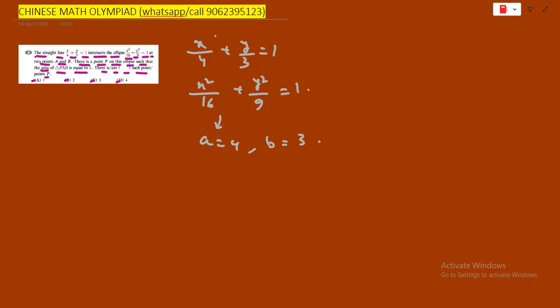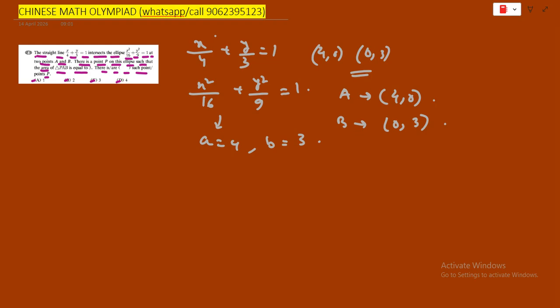And the line is in intercept form, hitting the axes at (4, 0) and (0, 3). Now notice something. The points where the line hits the axes are exactly the vertices of the ellipse. Point A is (4, 0) and point B is (0, 3). So this is not just a coincidence. It's a gift from the examiners. Don't look a gift horse in the mouth.